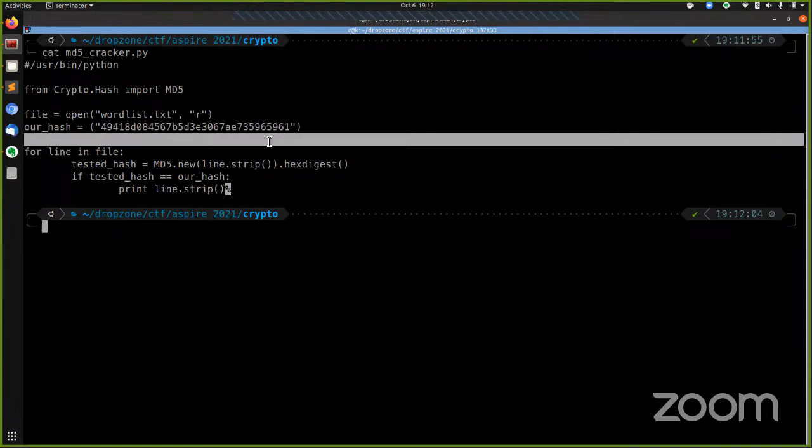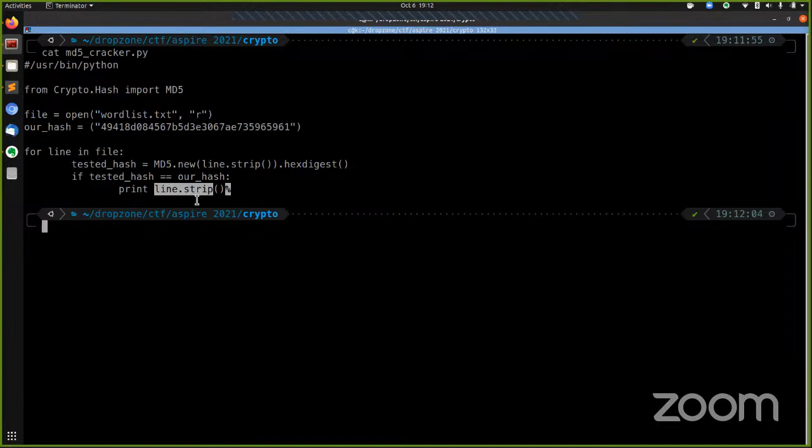You don't have to use Python, but it's usually a pretty easy language to use, and you can quickly script these things. So if I then run my cracker and give it a few minutes, or let's hope it doesn't take too long, it will run through the word list and give us our flag.